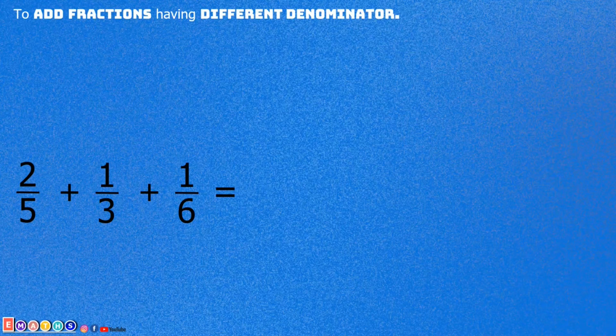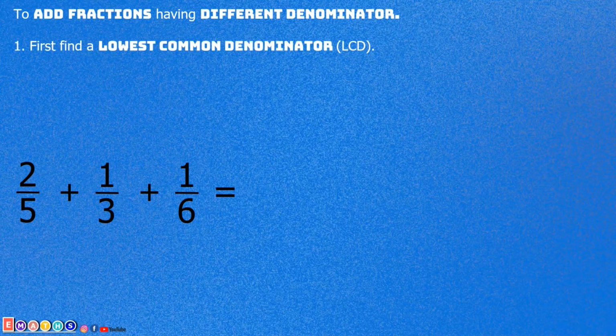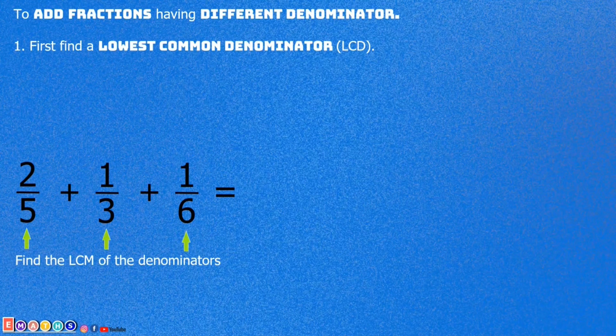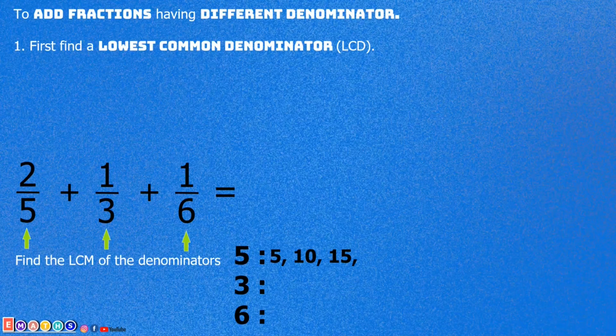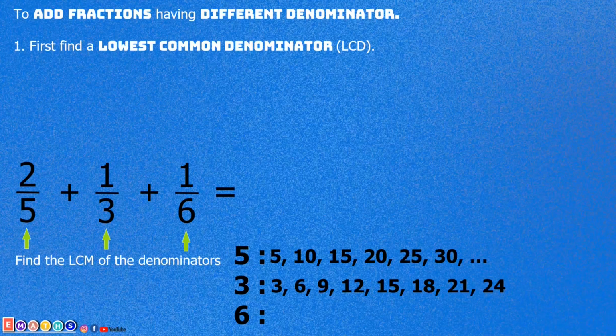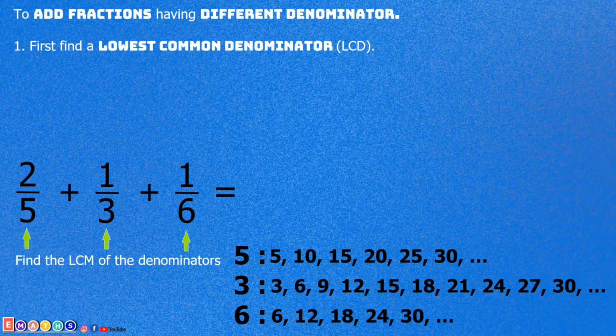To add fractions having different denominators, first we find a lowest common denominator. We take the 3 denominators of our three fractions. We first multiply each denominator by 1, then by 2, then by 3, and so on until we find a common number.